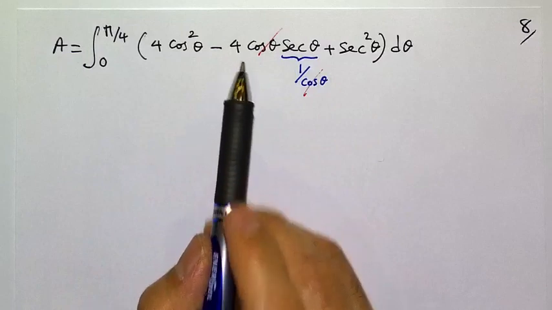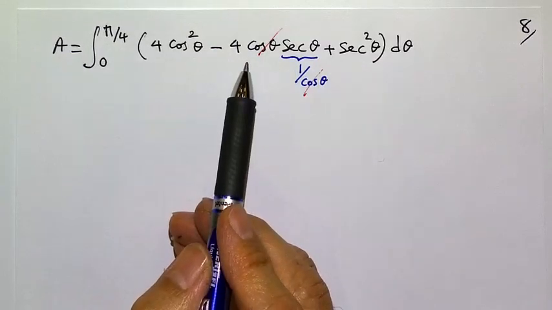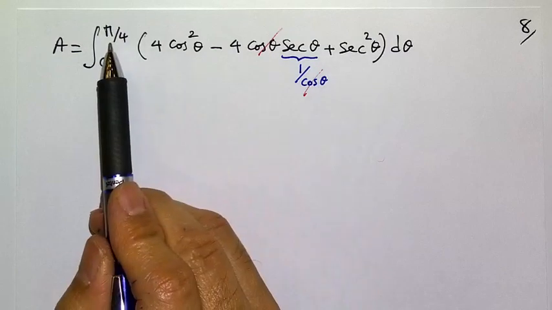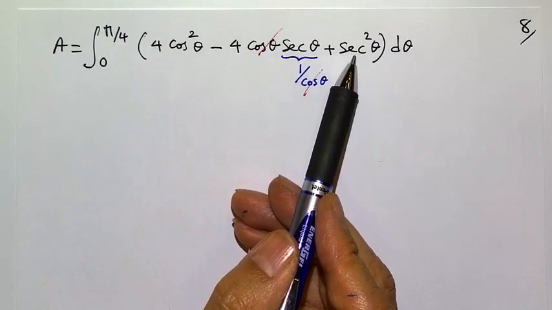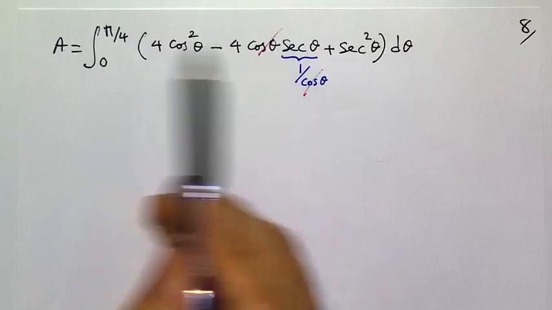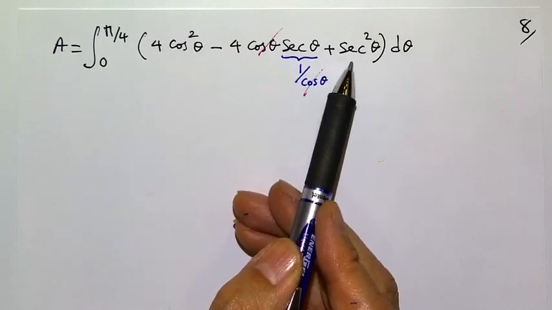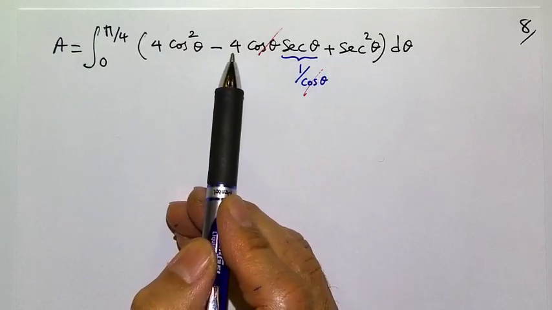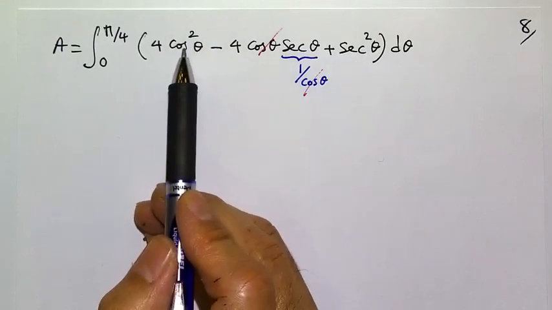So then the problem is, the integral of secant squared theta is tangent theta. So that's an easy one to integrate. This one is just minus 4. So this is our problem, this one.